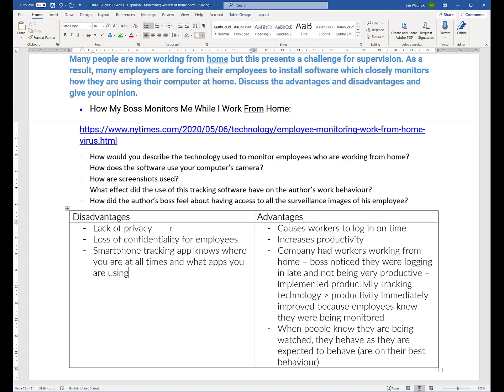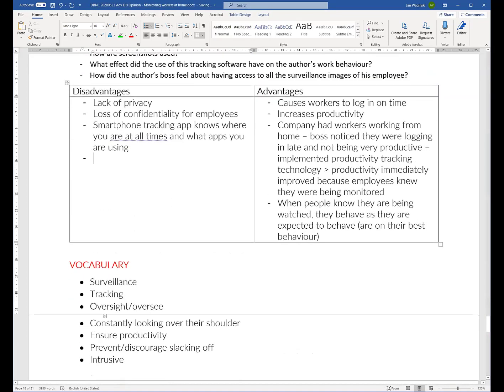Usually, if you feel you're all the time under surveillance or somebody is watching you, you will not feel comfortable, and this will affect your concentration and productivity.